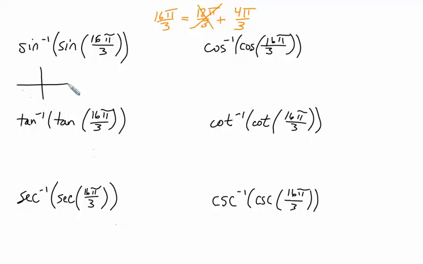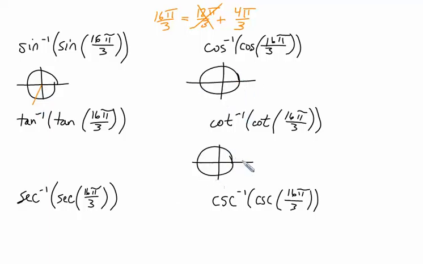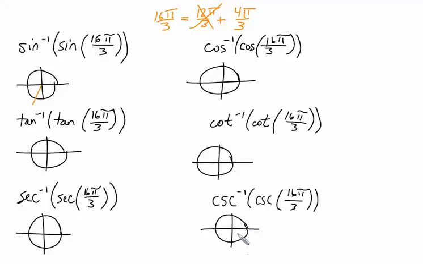So in each of these scenarios, we're going to be looking at the angle 4 pi over 3 to figure out what's happening. So I'll draw pictures in for each of these scenarios. I think referring to a unit circle can be quite helpful in visualizing what's happening and in reaching the correct final answer to the question at hand. Again, in each of these we're considering 4 pi over 3 because that's coterminal to 16 pi over 3.